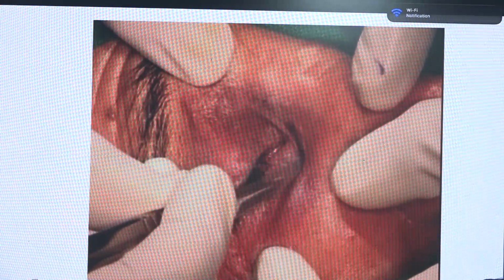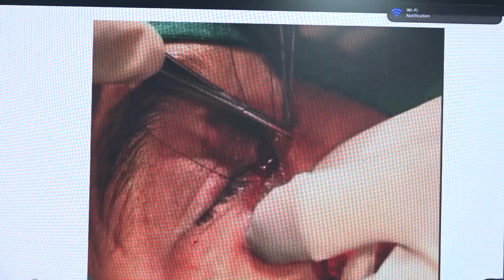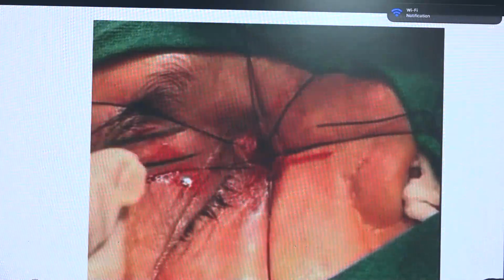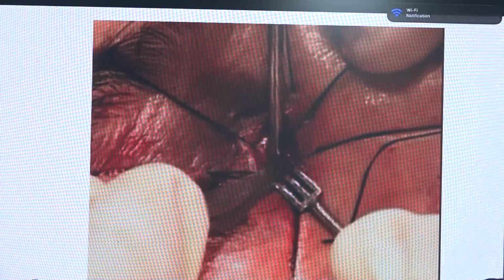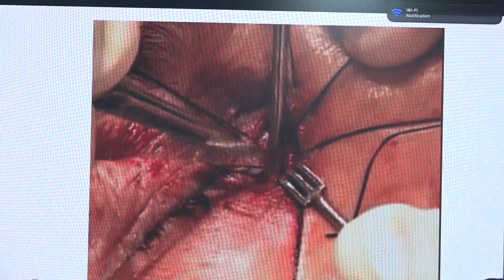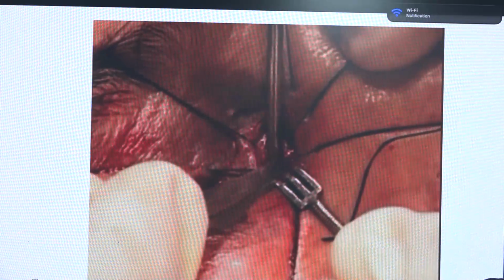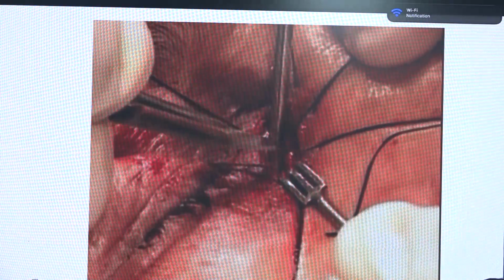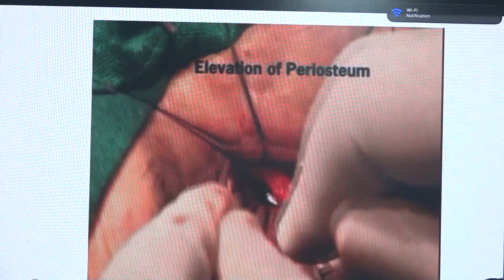An incision is made right down to the periosteum. 4-0 silk sutures are used to provide traction and hemostasis. The incision in the periosteum is completed with a Bard-Parker knife. A cat's paw retractor may help in providing further retraction.